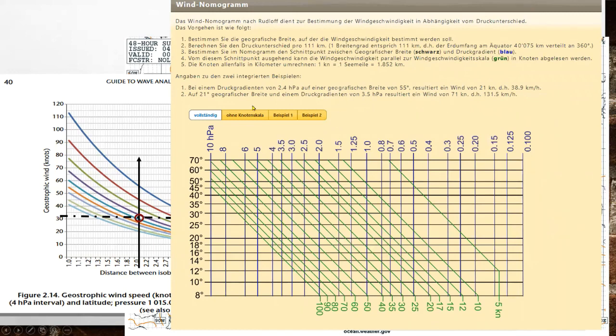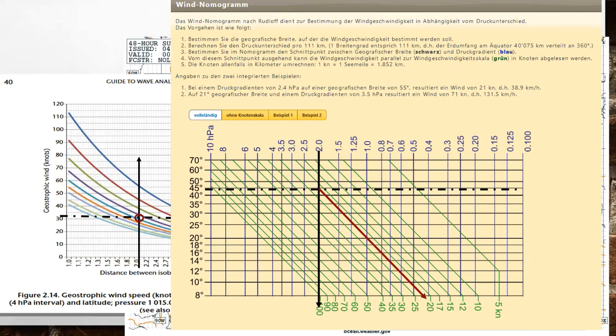If we use our example from before, we say we have a pressure gradient here. It's actually 2 out of the chart, and then we have the latitude, and then we come to 22 knots.